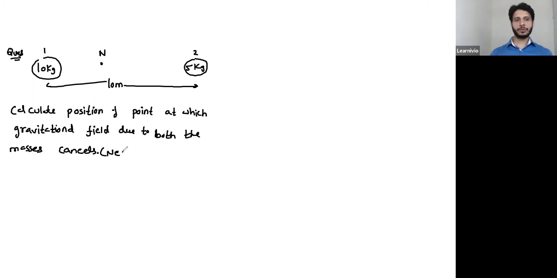Sometimes this point is known as the neutral point, the point at which the net gravitational field is zero. So the calculations are straightforward.